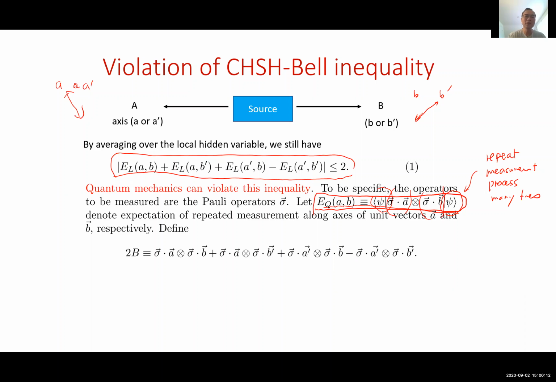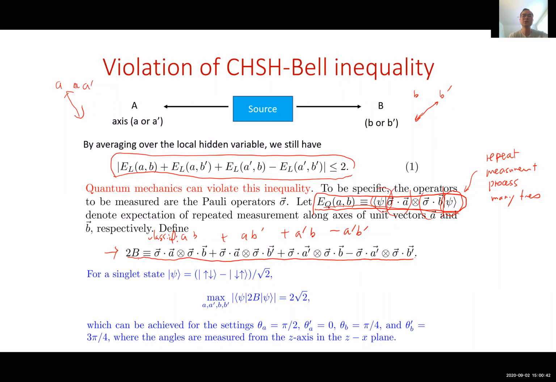So here I just introduced a symbol to represent the combination. Remember, it's like AB for the classical. The corresponding thing is AB plus AB prime plus A prime B minus A prime B prime. But in quantum mechanics, it's convenient to define an observable here.